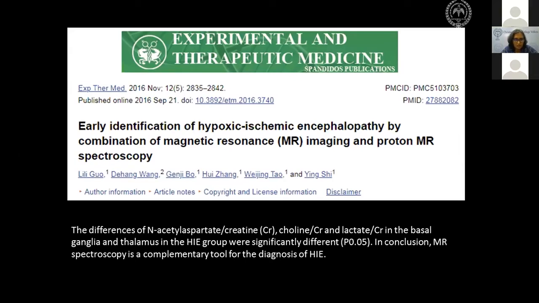But they have found that there is a significant difference in these peaks between infants with hypoxic ischemic encephalopathy when compared to normal neonates. So they've said that MR spectroscopy can be used as a complementary tool for the diagnosis of HIE.